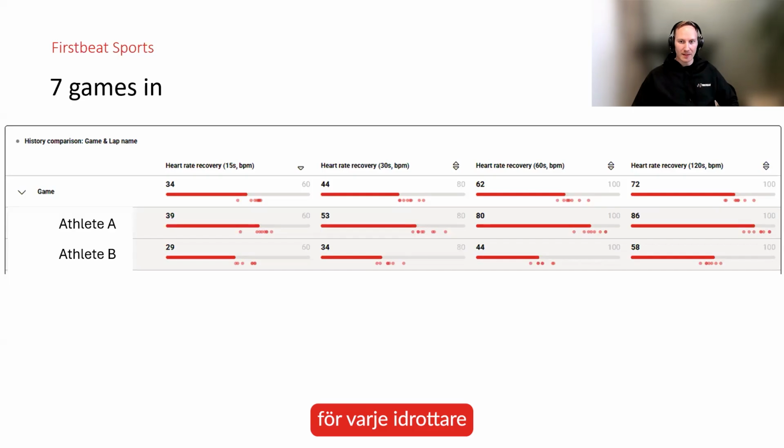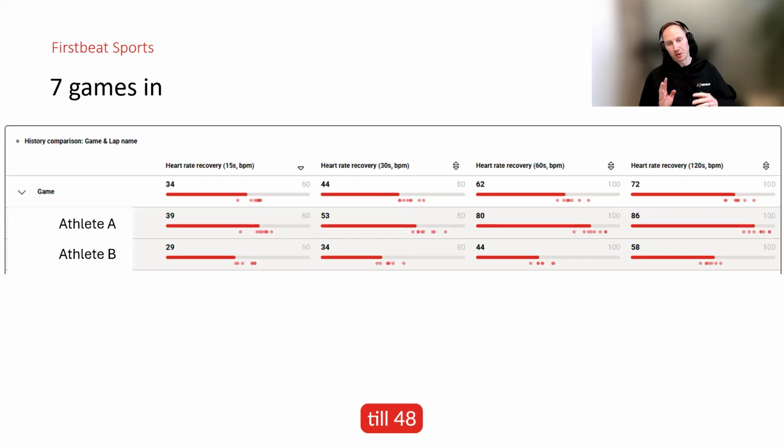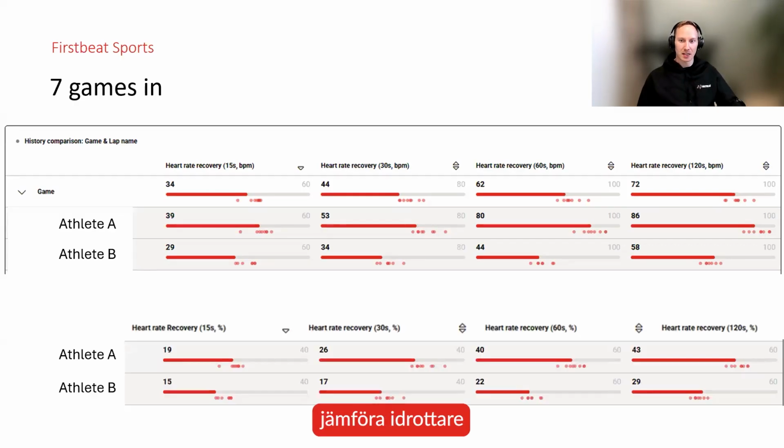For example, athlete A is in the range of a bit over 80 to 75 beats in 60 seconds, whereas athlete B is in the range of 42 to 48 approximately.